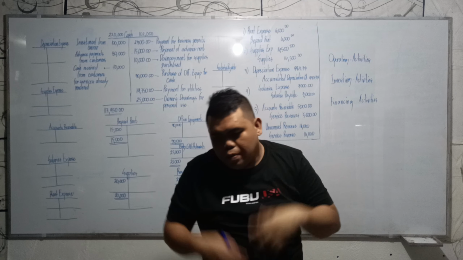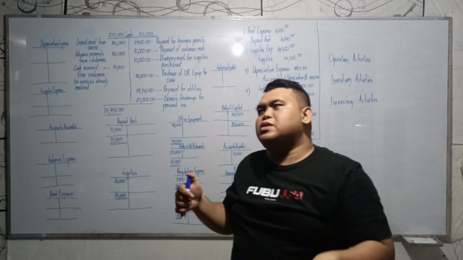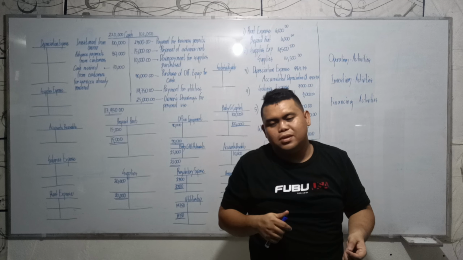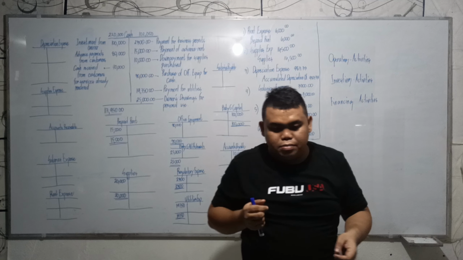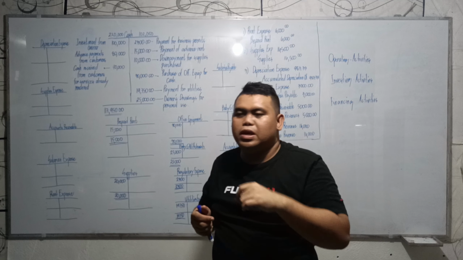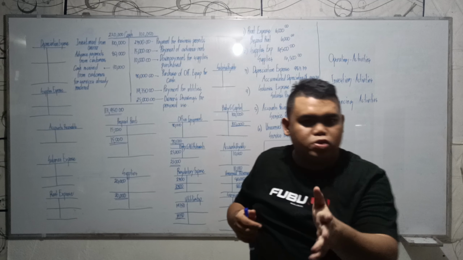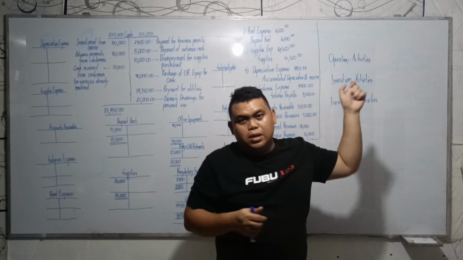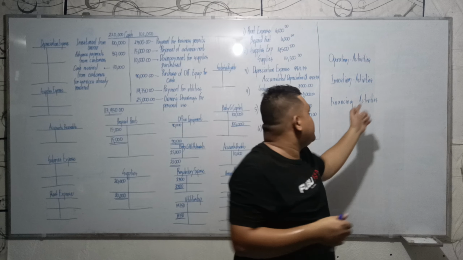Okay? So normally, operating activities are related to your current assets, like accounts receivable, anything like that. For example, if you have collected accounts receivable from your customers, that's an operating activity. Okay? Cash inflow from operating activities.